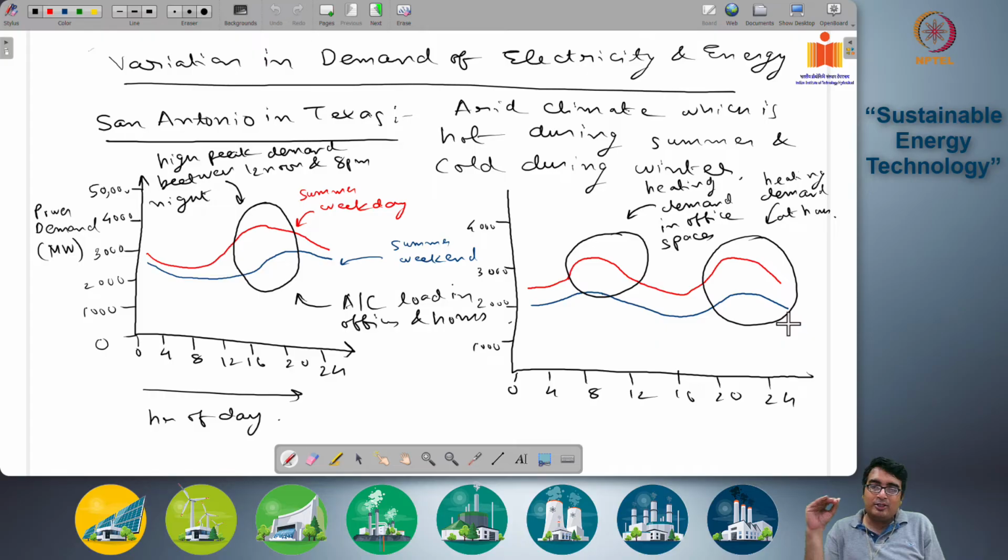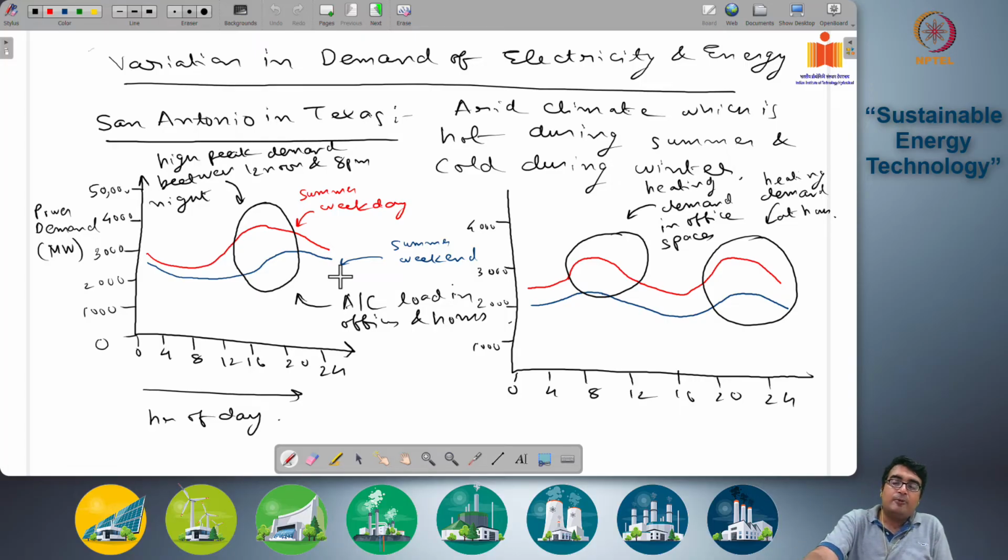This base load that is always required from the grid. Over and above this is the variation and the increase in the peak loads. Okay, so these are basically power plants that have to be switched on and off during the course of the day to cater to the variability in the demand over and above this base load.